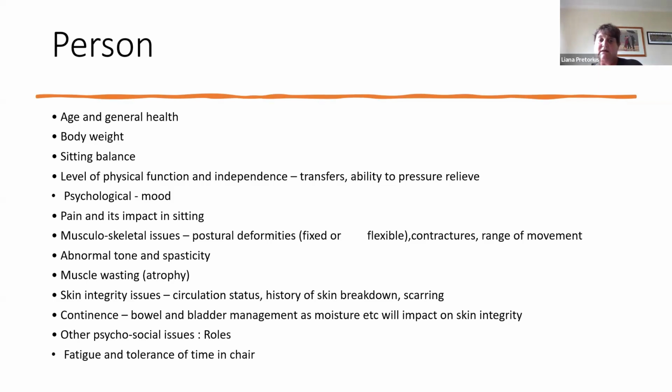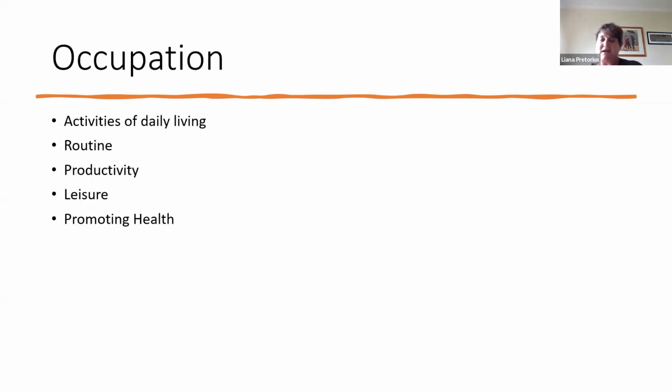The next very important thing is thinking about what it is that your person wants to do. I'm an OT. Occupation is what we do, the things we do to give us purpose and meaning in life.